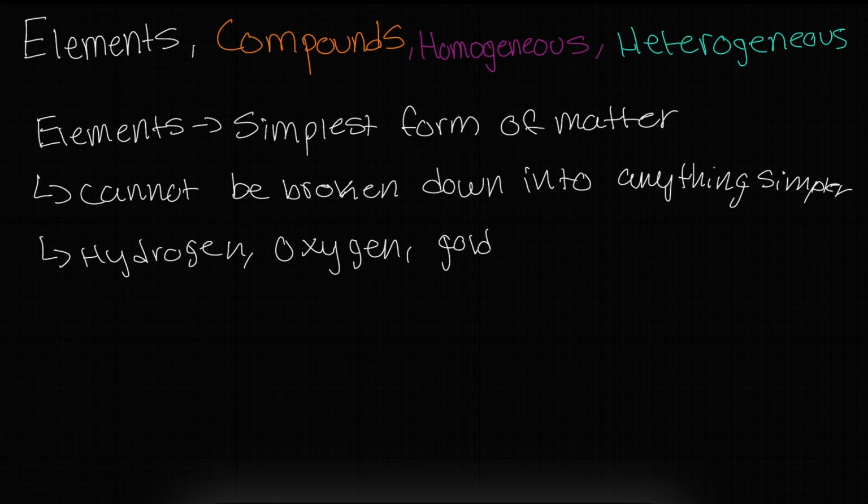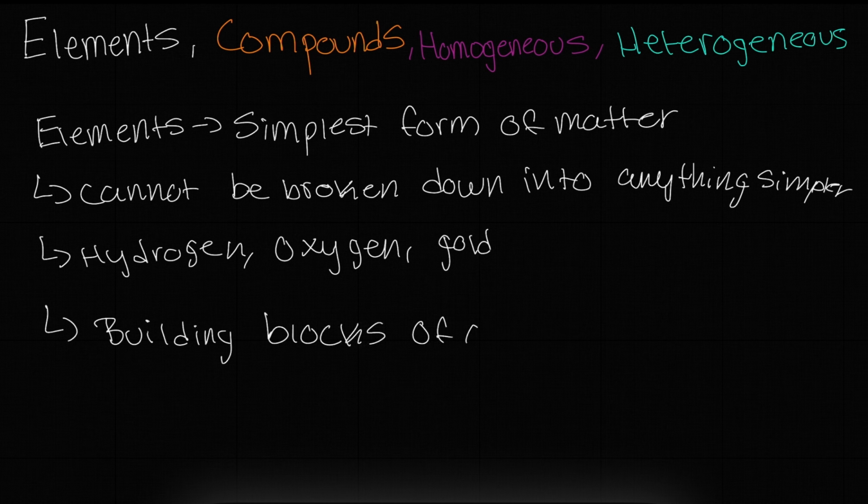Hydrogen is hydrogen, oxygen is oxygen, gold is gold, right? Each element has a unique property like its atomic number, which is the number of protons. So think of elements as the building blocks of all matter.